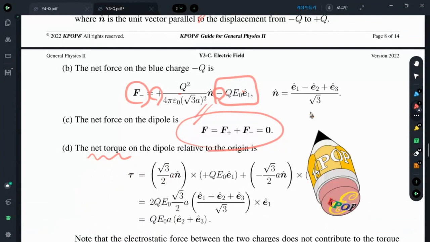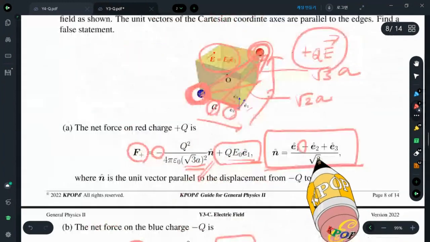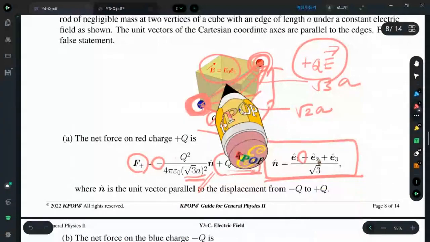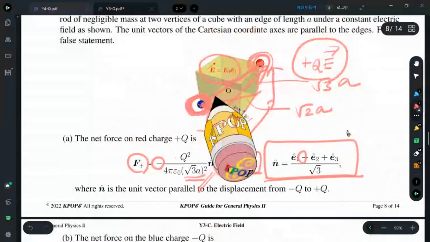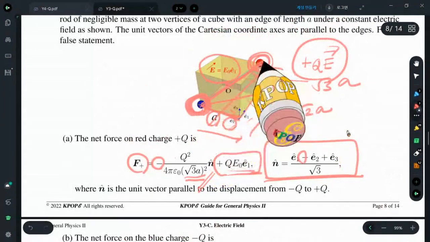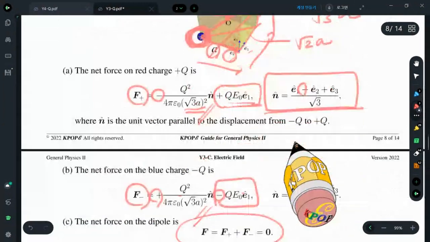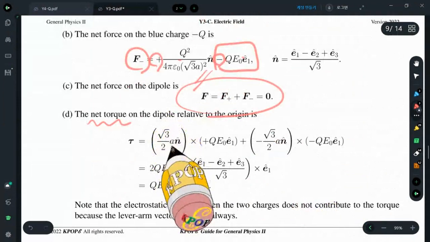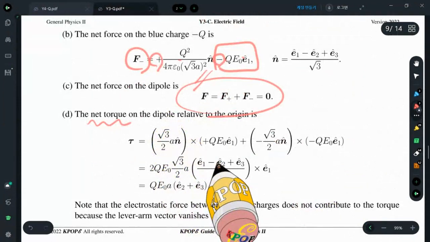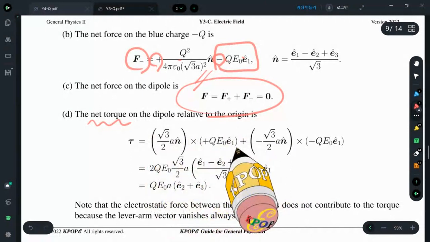That is R cross P. We can measure the torque relative to the origin placed at the center. Because this distance is the square root of 3, this distance is 1/2 of the square root of 3. So, sure, you have to multiply by the length of the edge A. R cross F, the force.